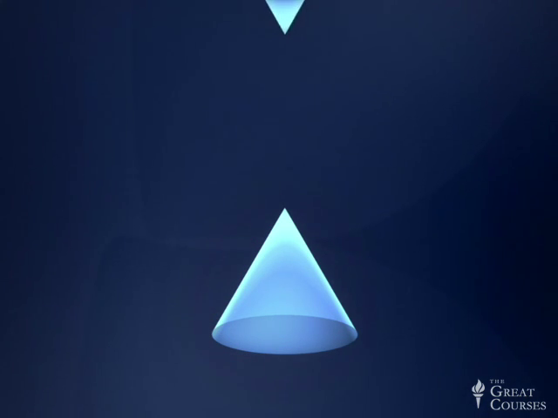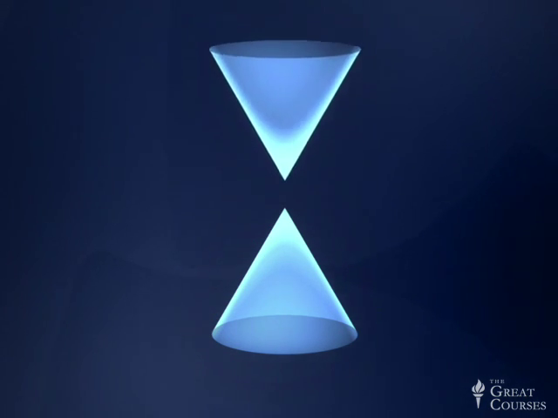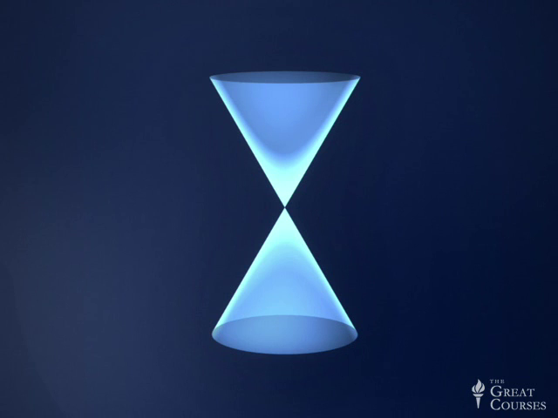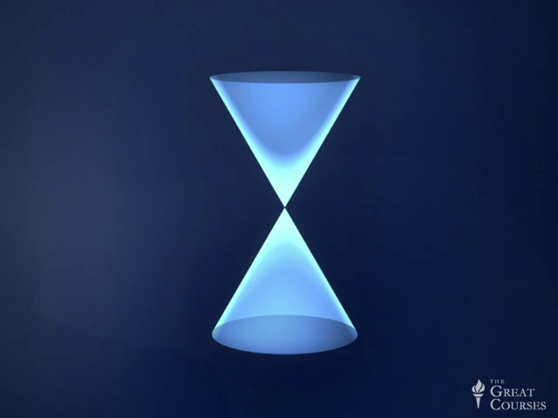Now imagine placing another cone on top of this one where the pointed ends are touching one another. So the opening of one cone is pointing down and the opening of the other is pointing up. This is sometimes called a double cone for obvious reasons. Now, next I want you to imagine that we take a very sharp, flat blade and cut through this cone at different angles.